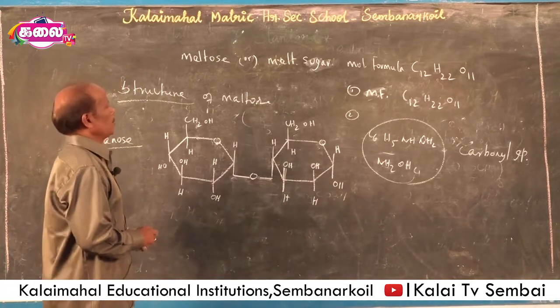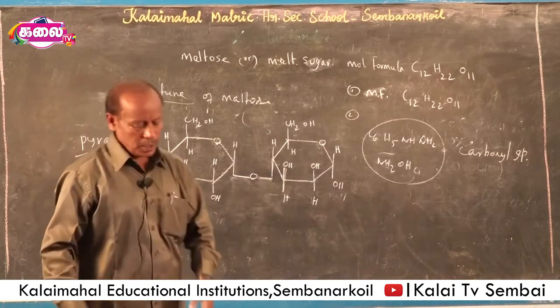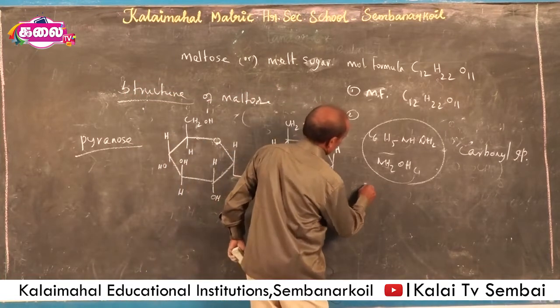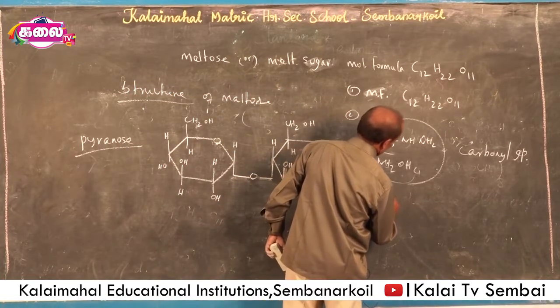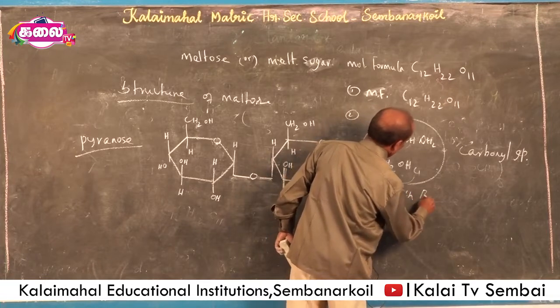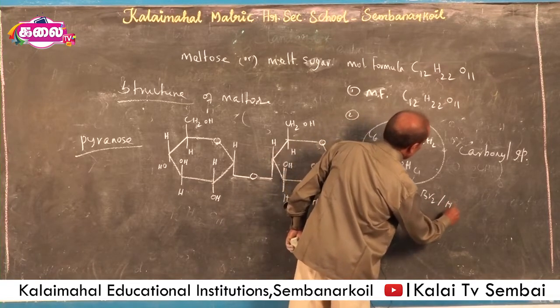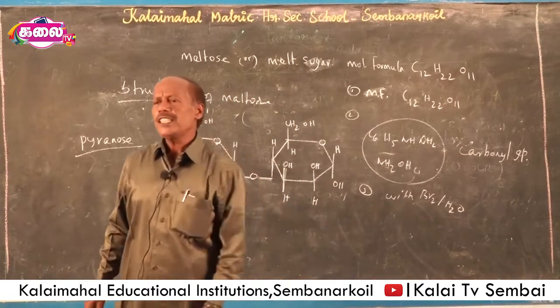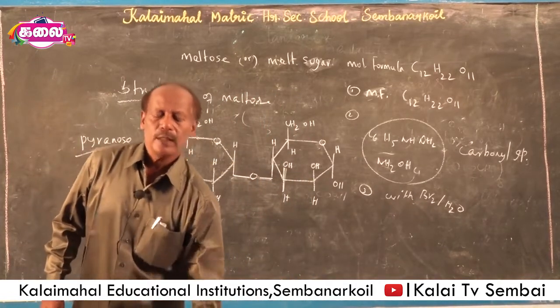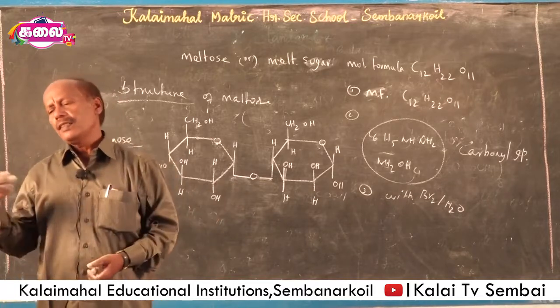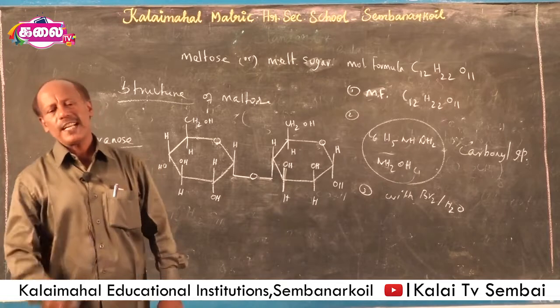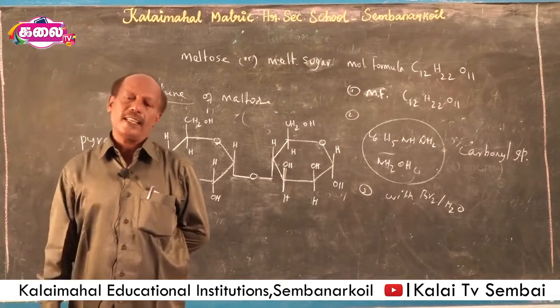Then maltose is treated with bromine water. Bromine water is a reagent in which bromine is dissolved in water, and it is reddish brown in color.